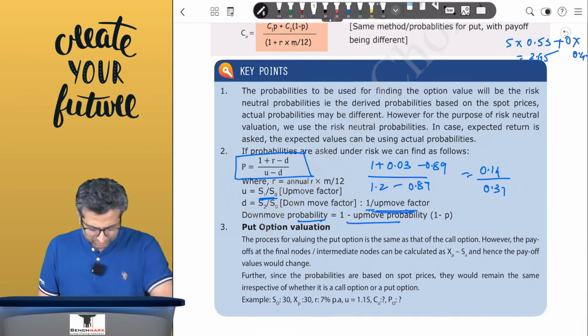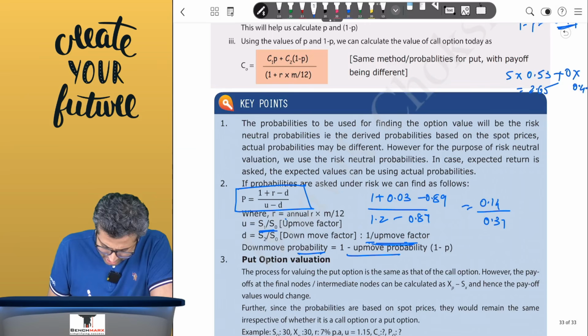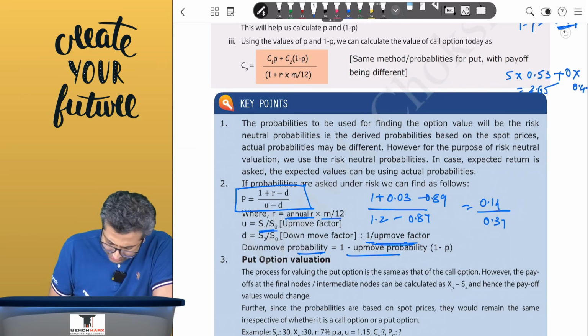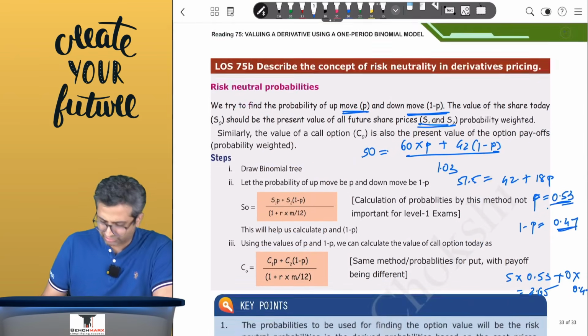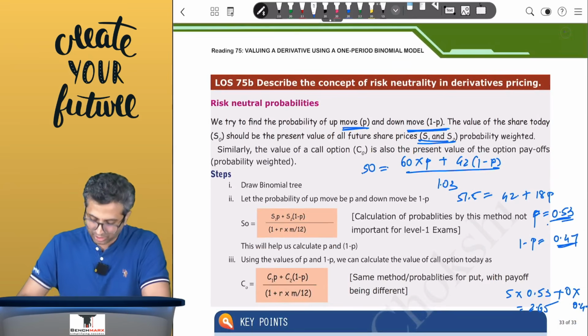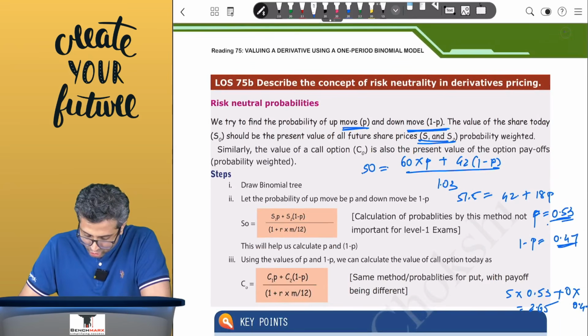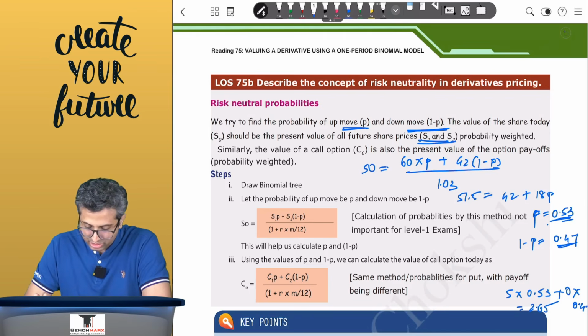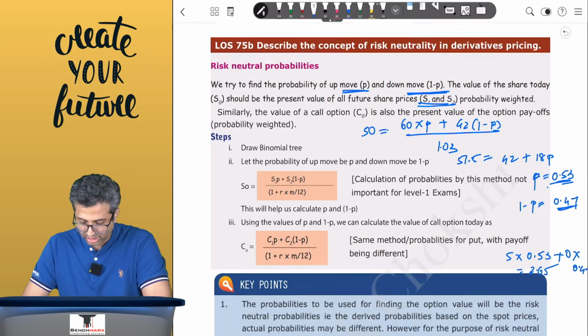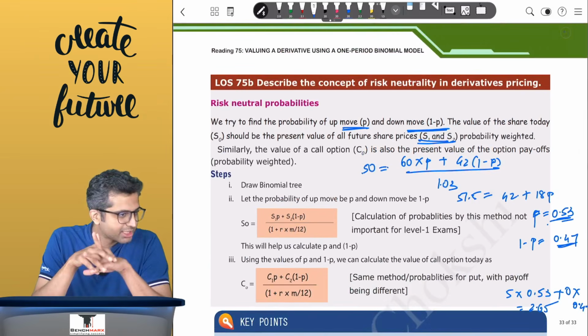But this is annual into m by 12. So this is the formula that they are using for calculation of probabilities. I think maybe in some of the calculations I have moved around a little, so maybe it is not coming accurately, but by and large this should be the working which should give you the correct probabilities.